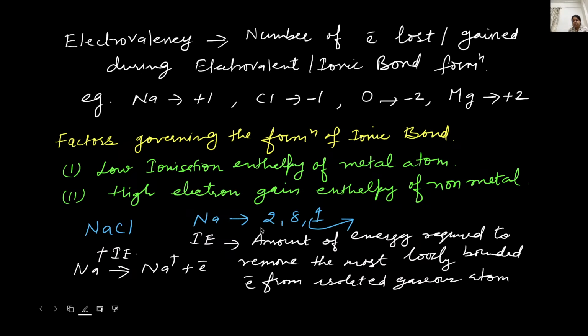So ionization energy is the amount of energy required by the atom to remove this most loosely bound electron from the isolated gaseous atom.